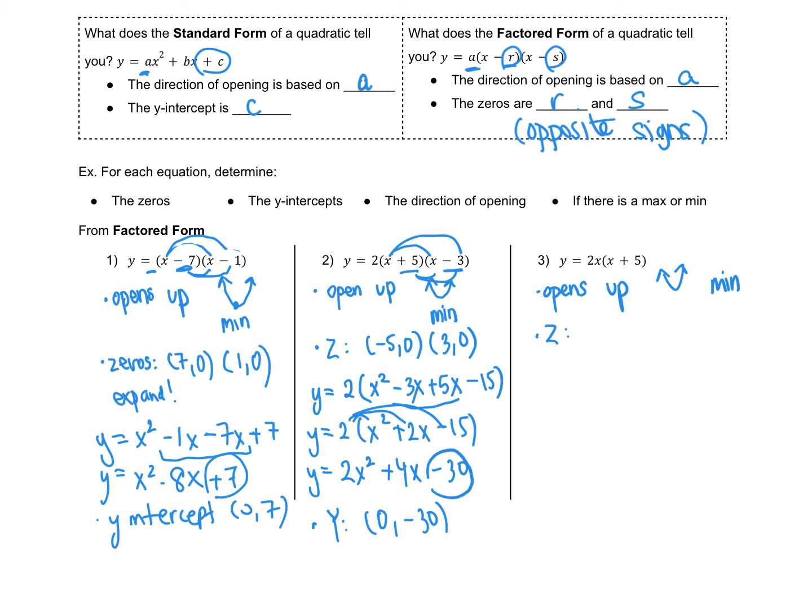Now for our zeros, I don't have a problem with this bracket. It says +5, so -5, 0 will be a 0. But then the other one, there is no bracket. It's kind of just there. If you would like, you can always write it like number 2. I'm going to write the 2 out in front, and then I'll put that x in a bracket.